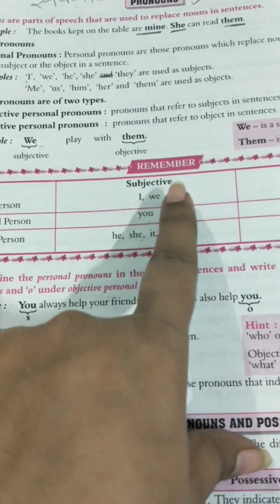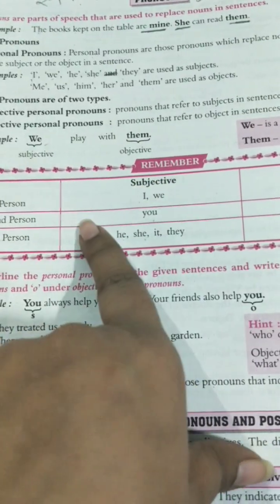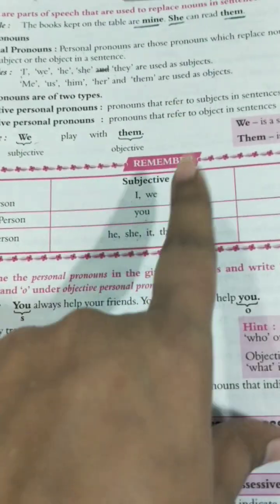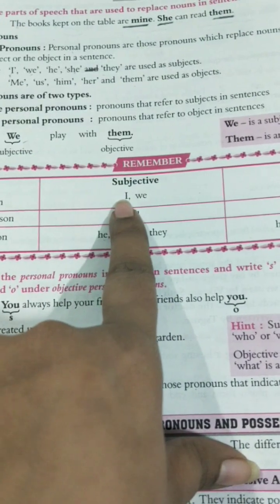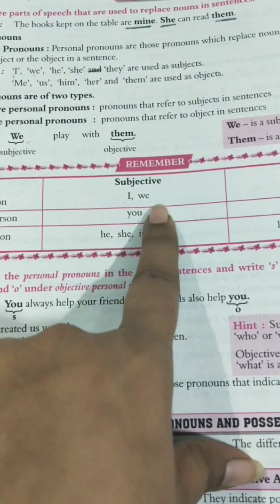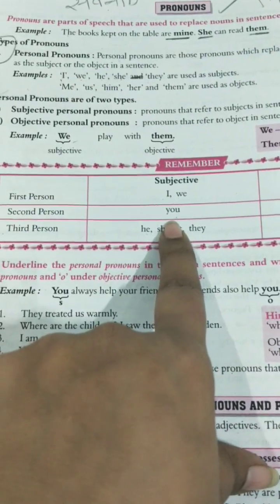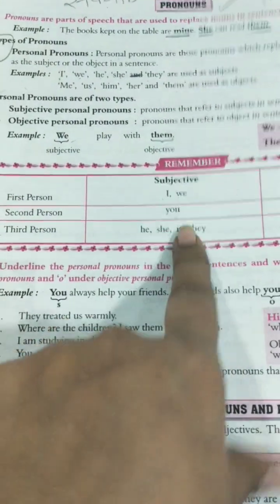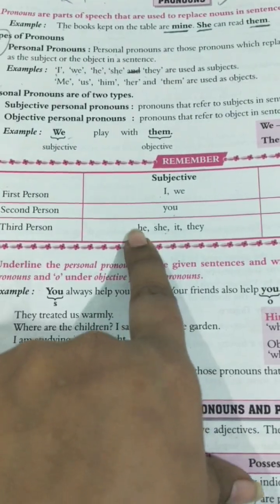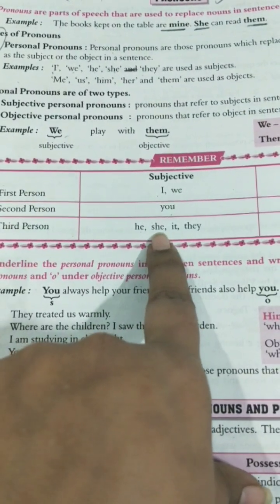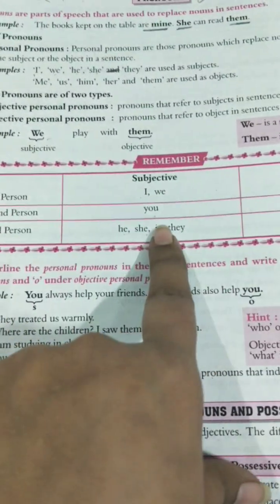Now the question comes, what are singular and plural? Here also you can just remember the important thing. I is singular first person, we is plural first person, you is always second person, and in third person he, she, it are singular and they is plural.